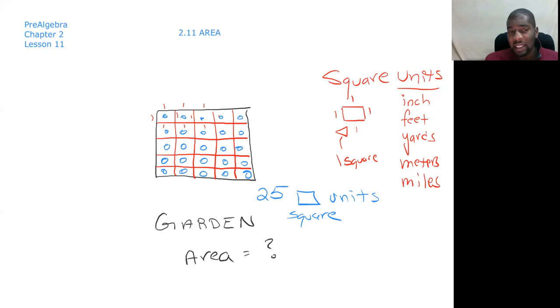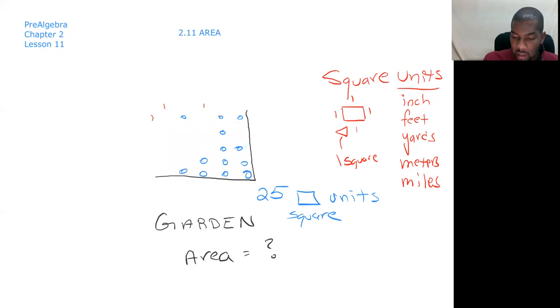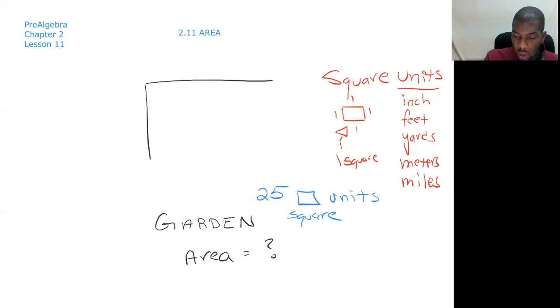Now, that's the concept behind what area is. Now let's talk about the math of how to figure that out, okay? So in reality, what are we looking at? What we're really looking at is if we had that exact same garden and we were given some of the lengths, right?